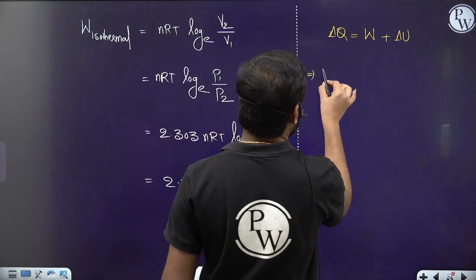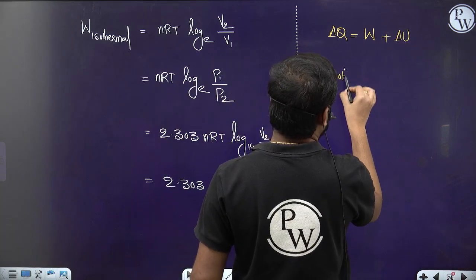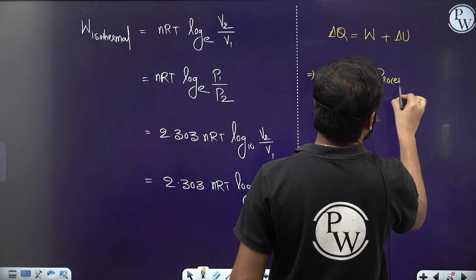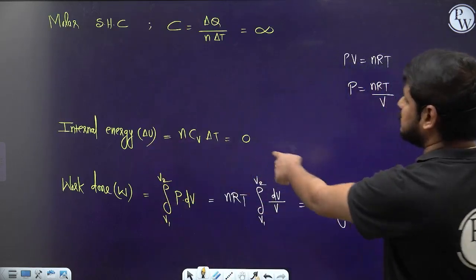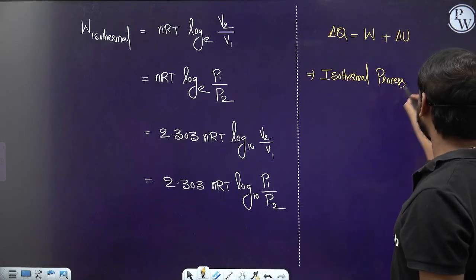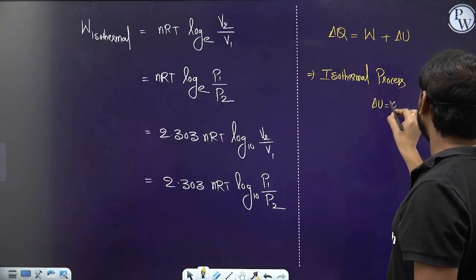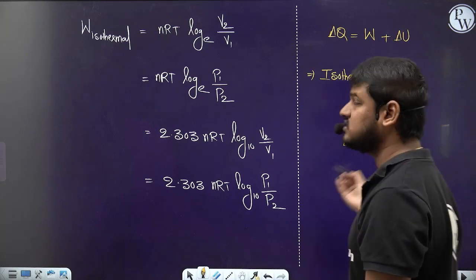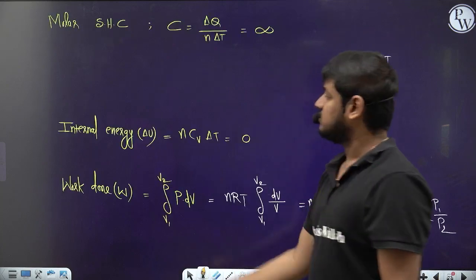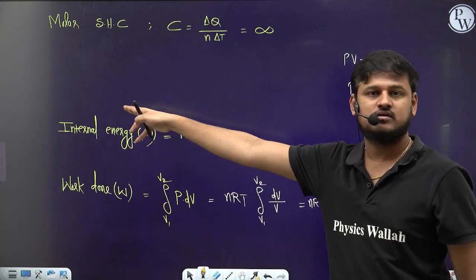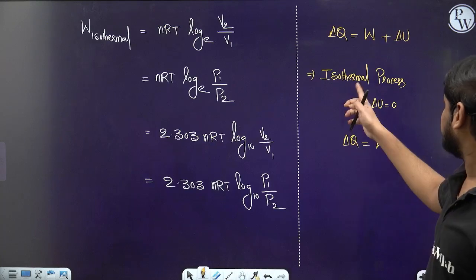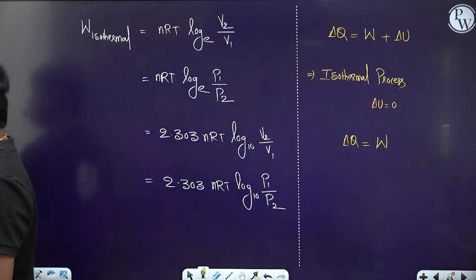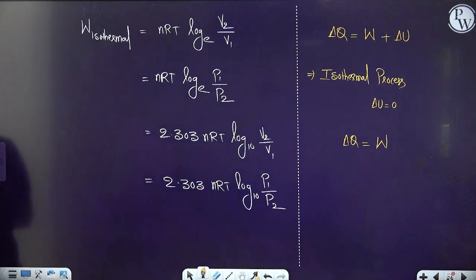In the isothermal process, the delta U is 0, just now we have discussed. So then what about the delta Q? The delta Q will be equal to the work done. That's what I said in the previous slide. I skipped the heat there, so we did it here according to the first law of thermodynamics. Chalo, note this down. Hope you guys are understanding.